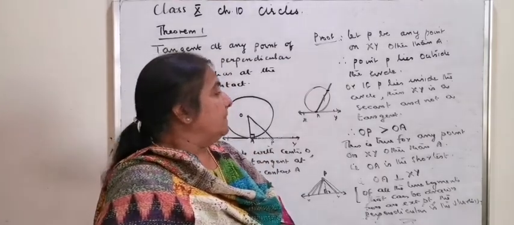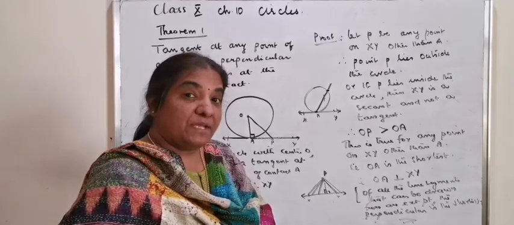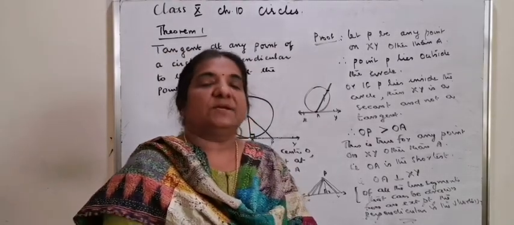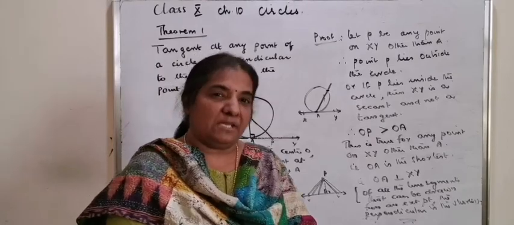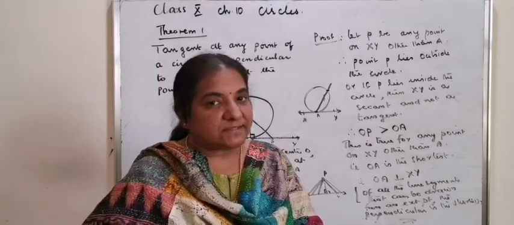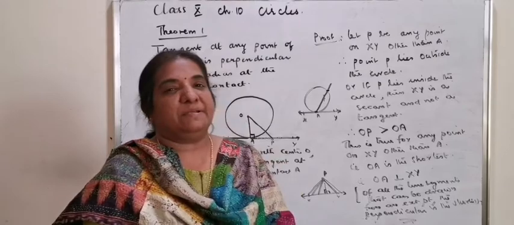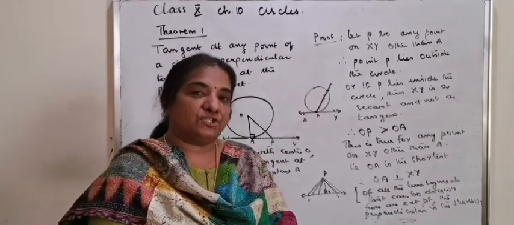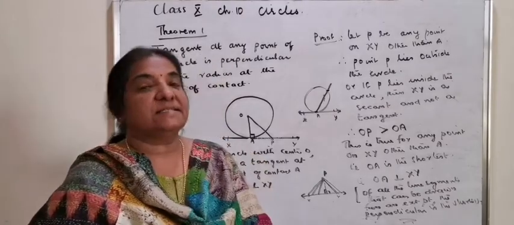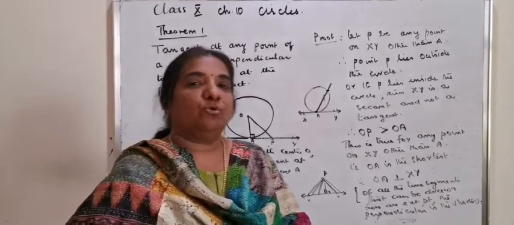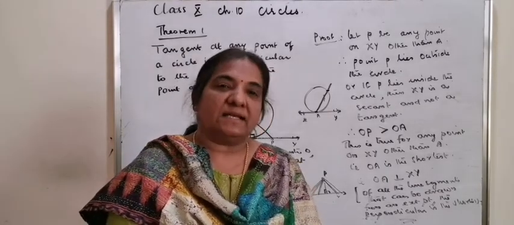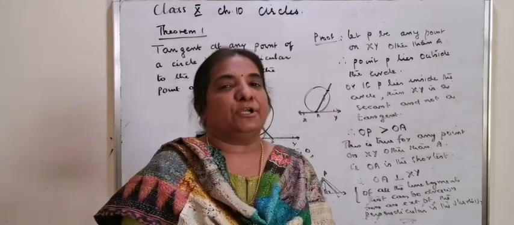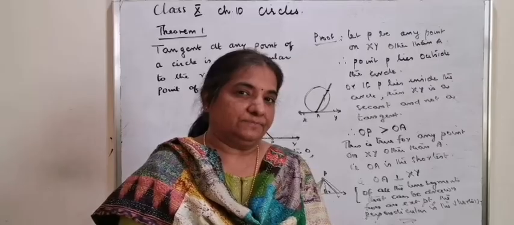So, the length of OP will always be greater than OA, and wherever you take the point P on the tangent XY other than A, OA is the shortest distance, which shows that the shortest distance is a perpendicular and OA represents the radius. Thus, the radius is perpendicular to the tangent at the point of contact.